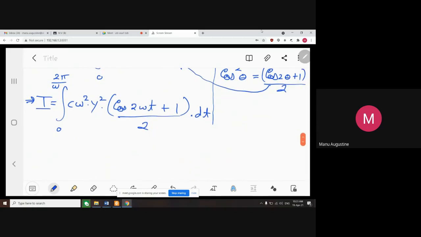So basically what we are saying is that if you solve this integral, you will be able to get the energy lost per unit volume per cycle for viscous damping.